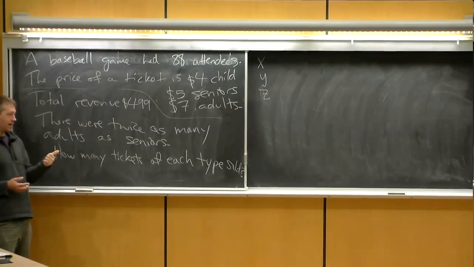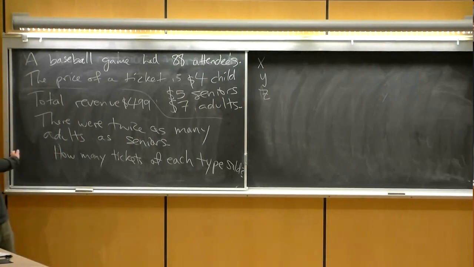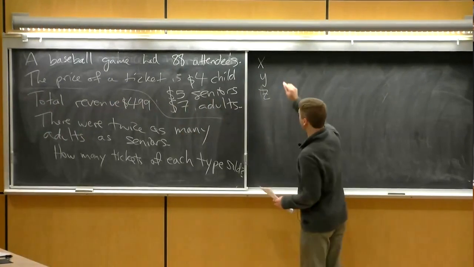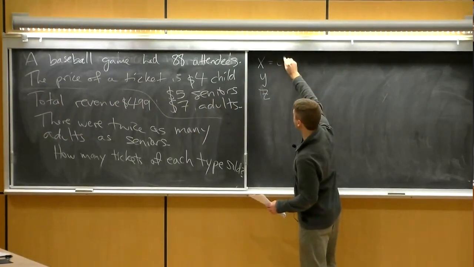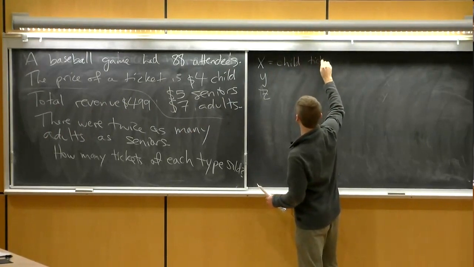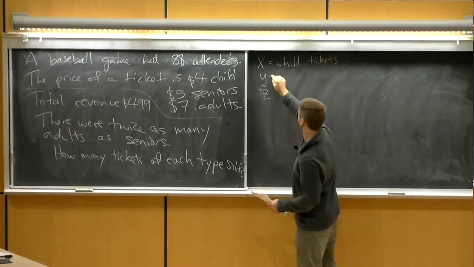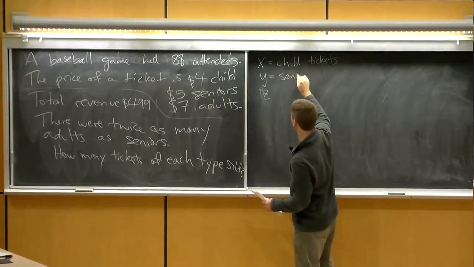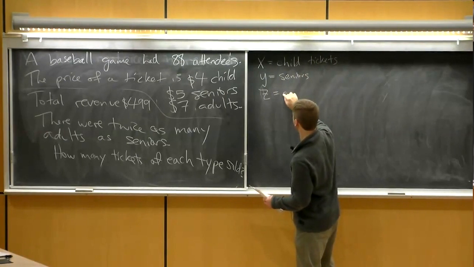One is how many child tickets were there, how many seniors tickets, and how many adults tickets. So I'm going to let X be the number of child tickets, Y be the number of seniors tickets, and Z is the adult tickets.